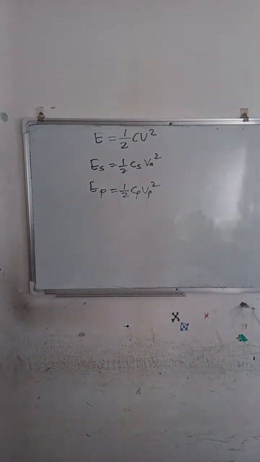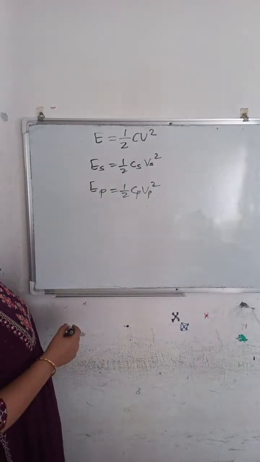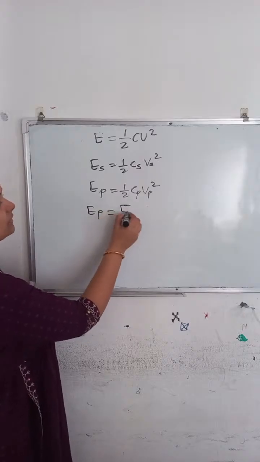They are saying that when these two are connected in combinations with capacitances in the ratio 1:2, the energy stored in both cases becomes the same. So Ep is equal to Es.